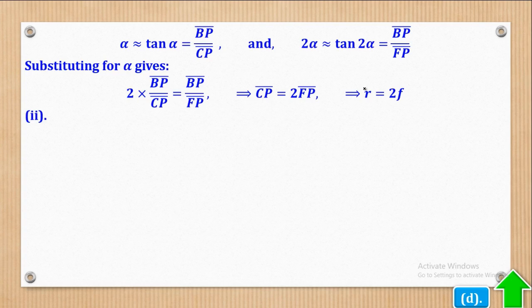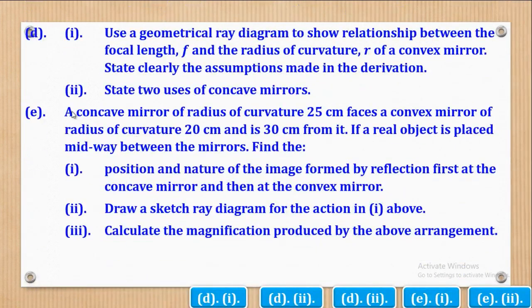So now we shall go to Roman 2. So Roman 2 says, state 2 uses of concave mirrors.